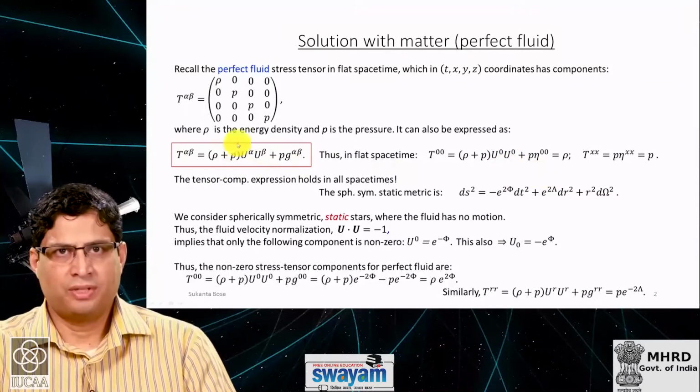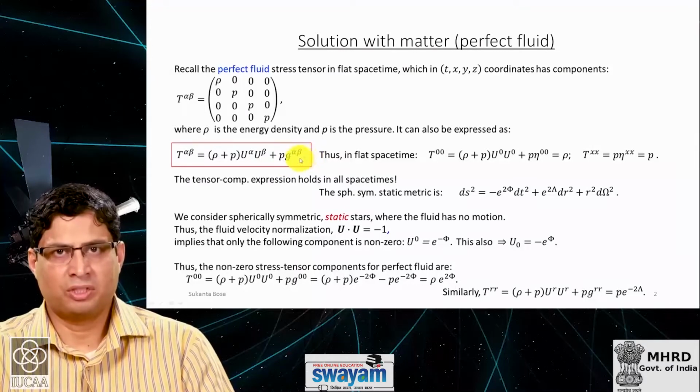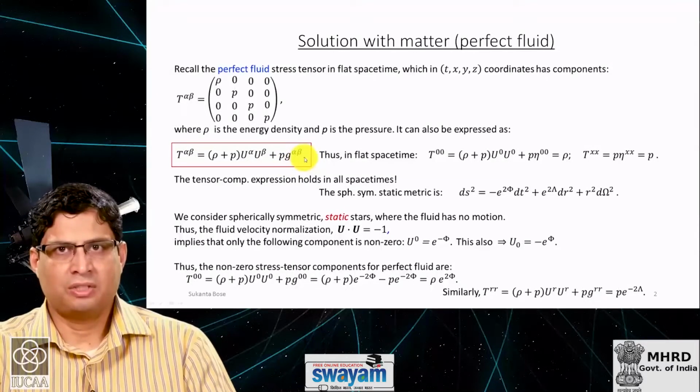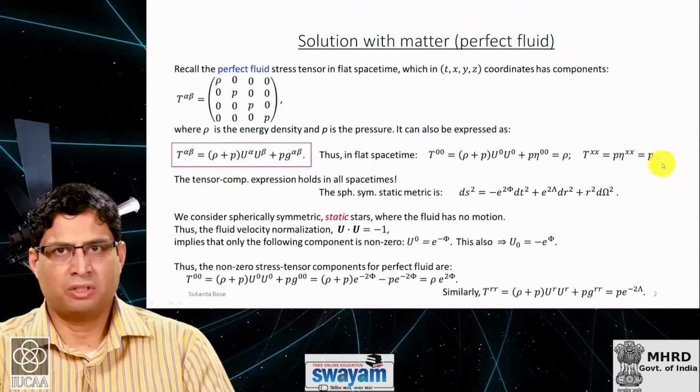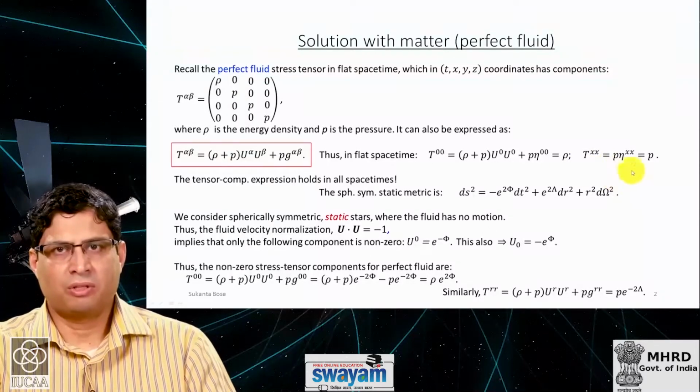Hence, this first term does not contribute at all to T x x. But g x x is not 0, that is simply unity because it is eta x x. So, that is how you get T x x equal to pressure P. This is what you see here, T x x. The same logic will apply for T y y and T z z. You can also convince yourself that the off diagonal components will all be 0 in this special case.